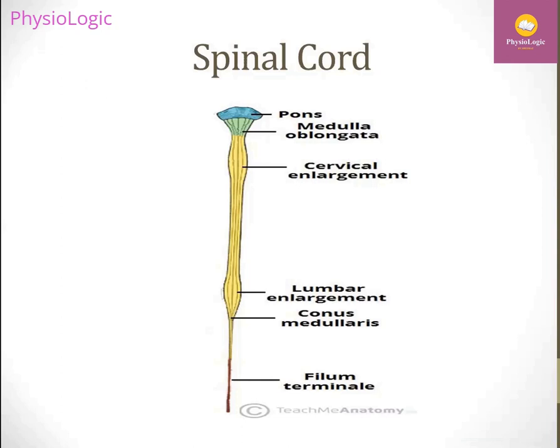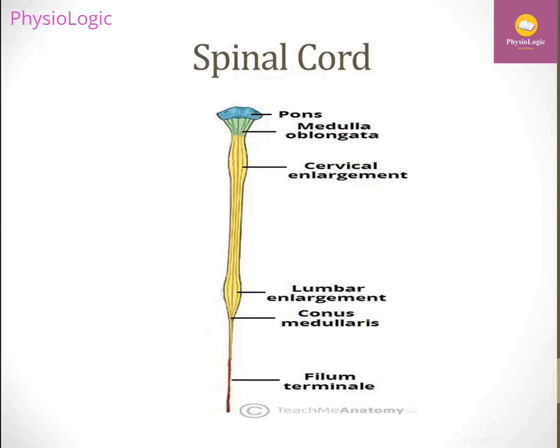Anything else? The location of lumbar enlargement is the place where we have the different plexus. Yes, the lumbar plexus, and there was a second one, cervical plexus, brachial plexus. Right. These are the plexus that are formed in the periphery, not in the spinal cord.